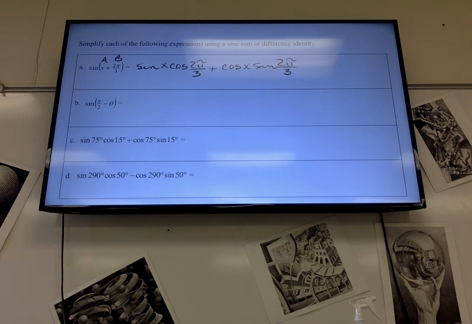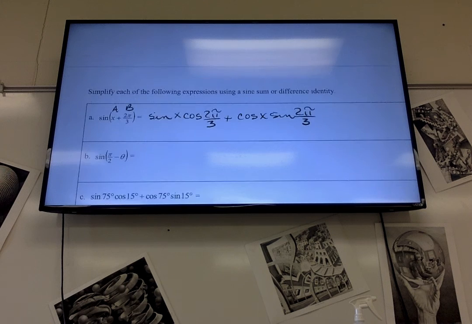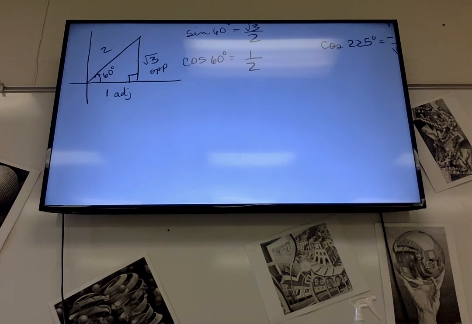So we got to figure out the cosine of 2 pi over 3 and the sine of 2 pi over 3. So 2 pi over 3, what should I do first?